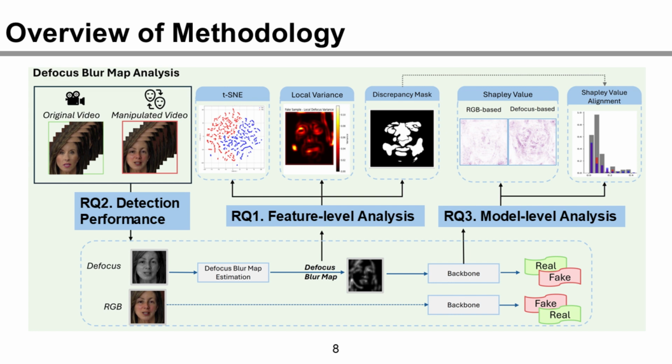Then for RQ2, we ask, how much better is the detection performance? We compare the results when using the RGB input versus using our defocus input. Finally, for RQ3, we use SHAP values to visualize and mathematically verify that our model is actually leveraging the defocus blur to make its decisions.